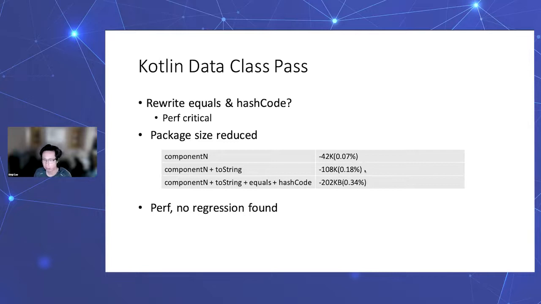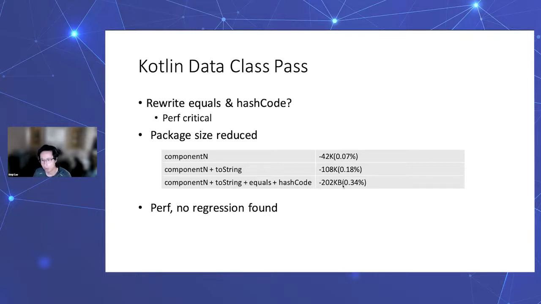If we combine it with the strategy for toString, we can reduce 0.18%. We also tried to optimize equals and hashCode, even though we didn't eventually use them.